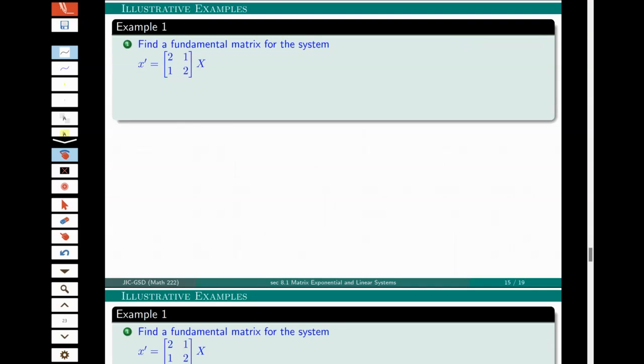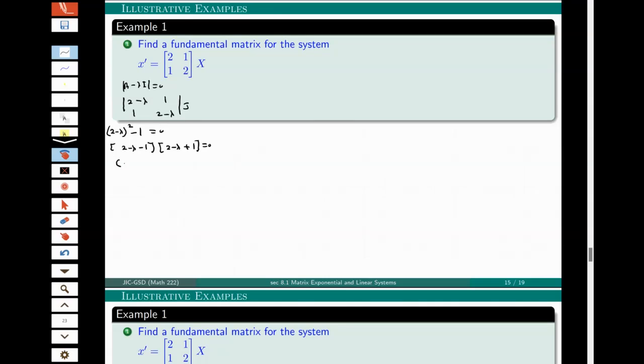First the fundamental matrix. We need to solve A minus lambda I to get the eigenvalues. So it will be 2 minus lambda, 1; 1, 2 minus lambda. So it will be 2 minus lambda all squared minus 1. So we can say 2 minus lambda minus 1 times 2 minus lambda plus 1, which is a difference of two squares.